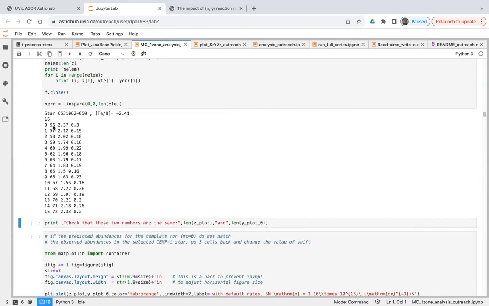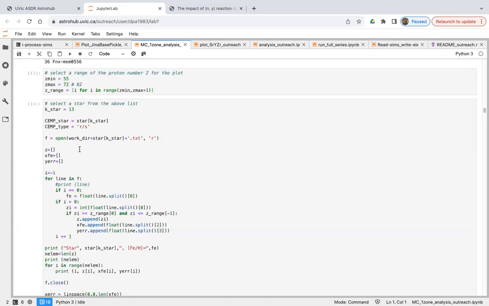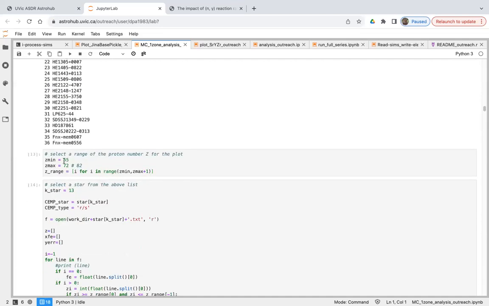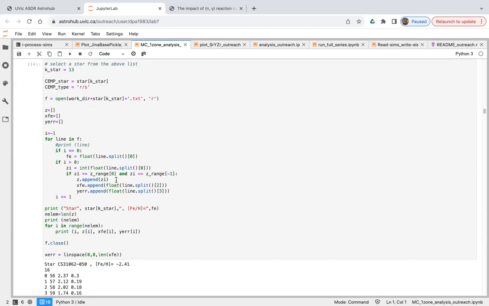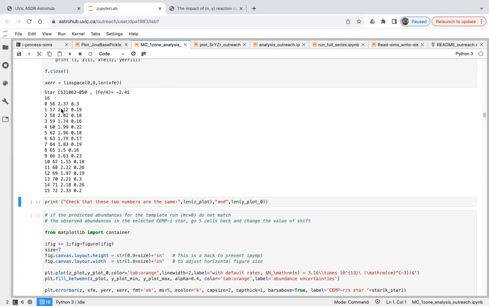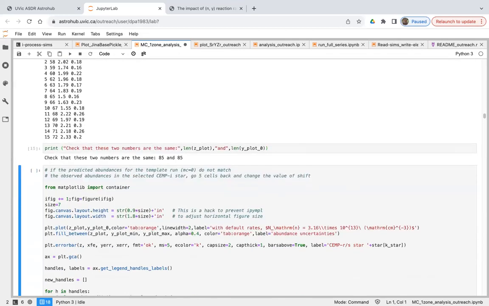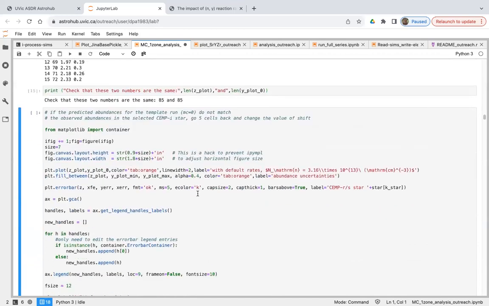There are more abundances, but remember we limited the range of proton number from 55 to 72, so from barium to the element with proton number 72. Now check that these two numbers are the same. Okay, this is just a test.